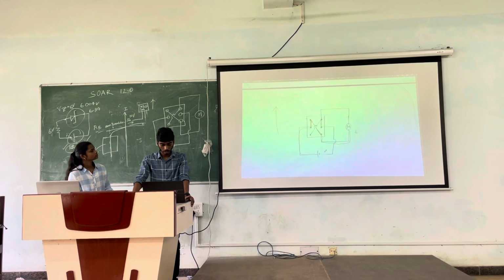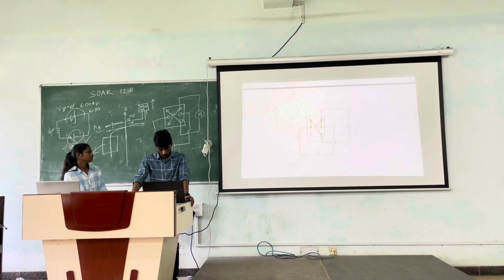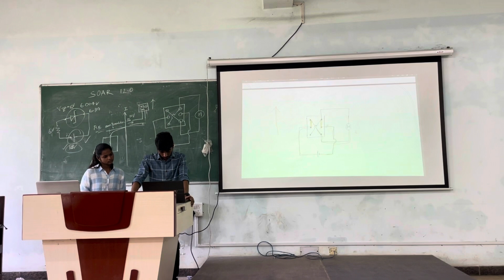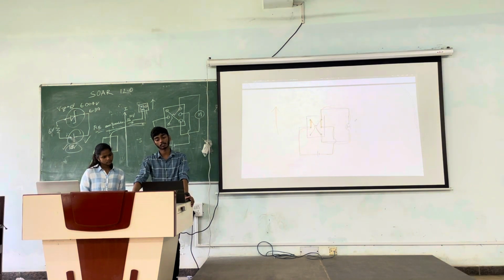And on the negative side, sorry, not this path, let me correct it. It is open here, so it will not go anywhere after that. The negative part will follow this path, go like this directly to this upward side and enter the motor. So this part is negative now.